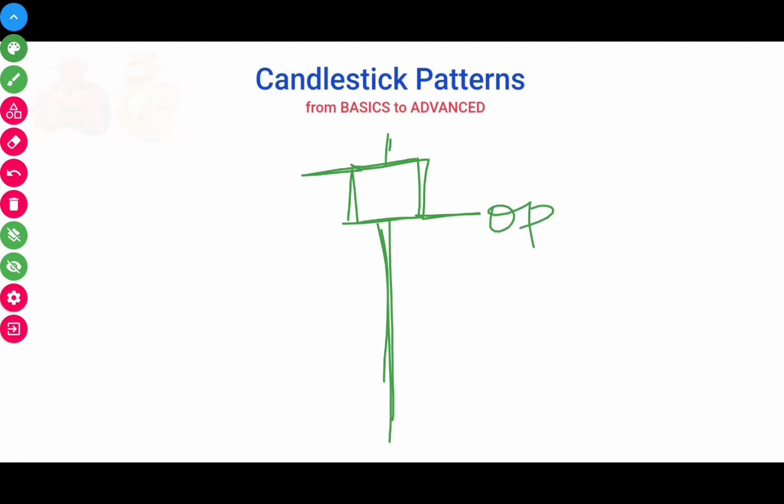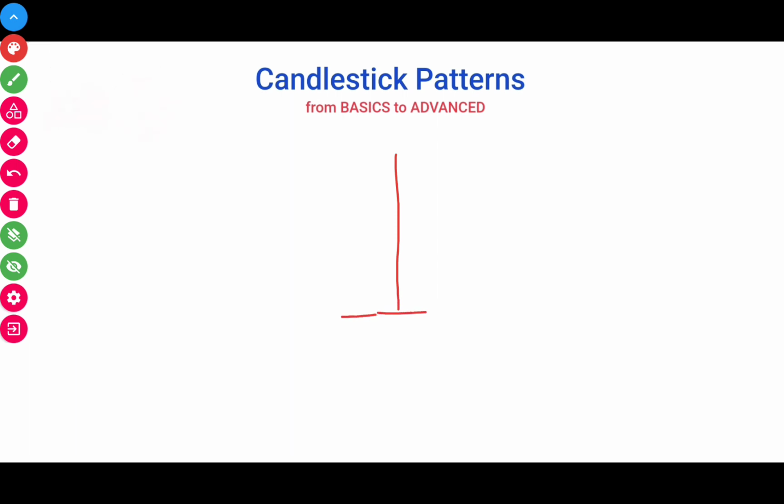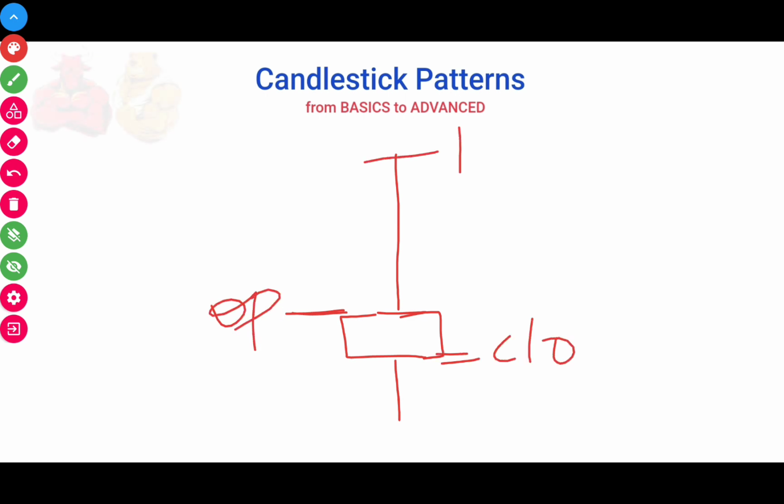And the sixth example is this candle. It opened here and closed here, and this is a high and this is a low. The last one is this candle. It opened here and closed here, and this is the high and this is the low.